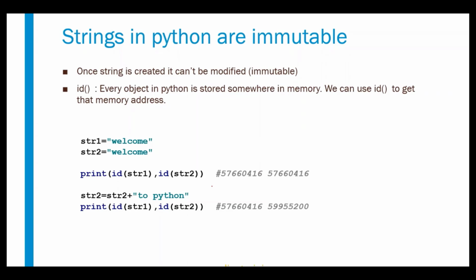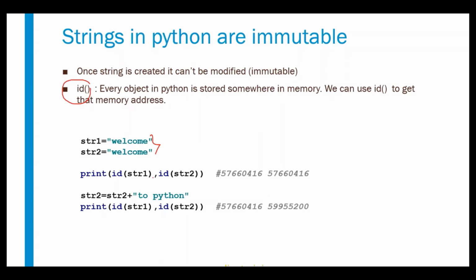So here, what I can do is create two strings like this, and find out where these strings are stored in memory. In Python we have a method called id, which returns the memory location where exactly the string is stored. I will take two strings, str1 and str2, and get the id of these two strings.